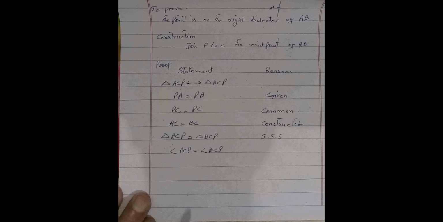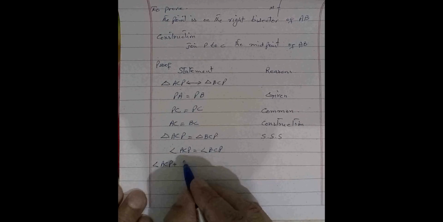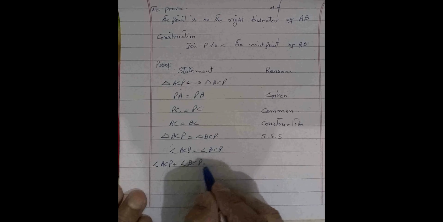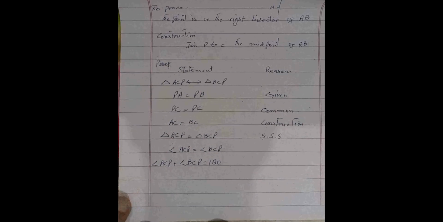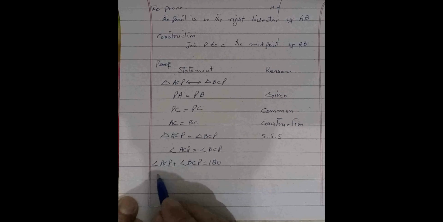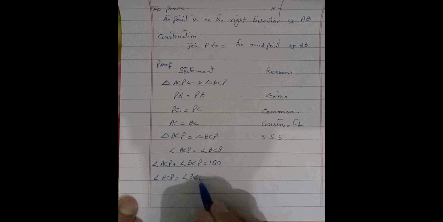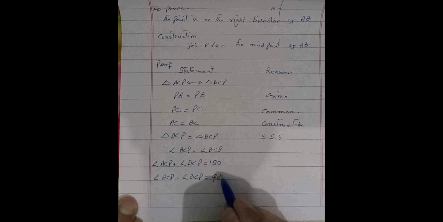So one angle of triangle ACP and the other angle of triangle BCP, angle BCP, they are equal, and hence angle ACP plus angle BCP is equal to 180. Means both the angles are equal, so angle ACP is equal to angle BCP is equal to 90.